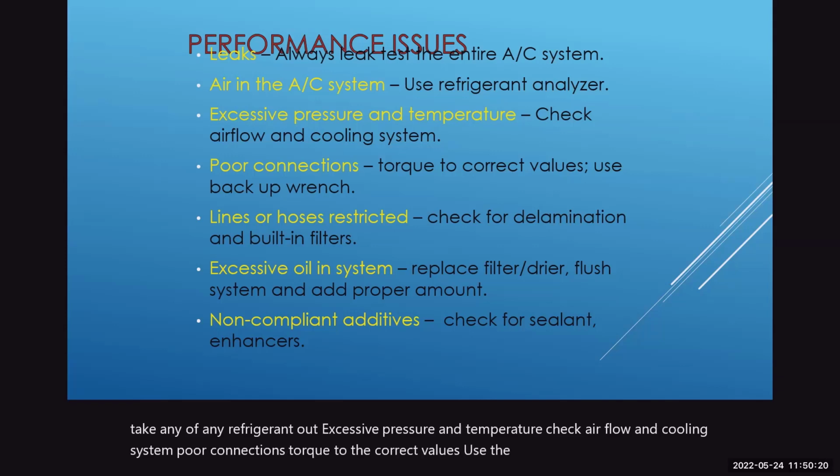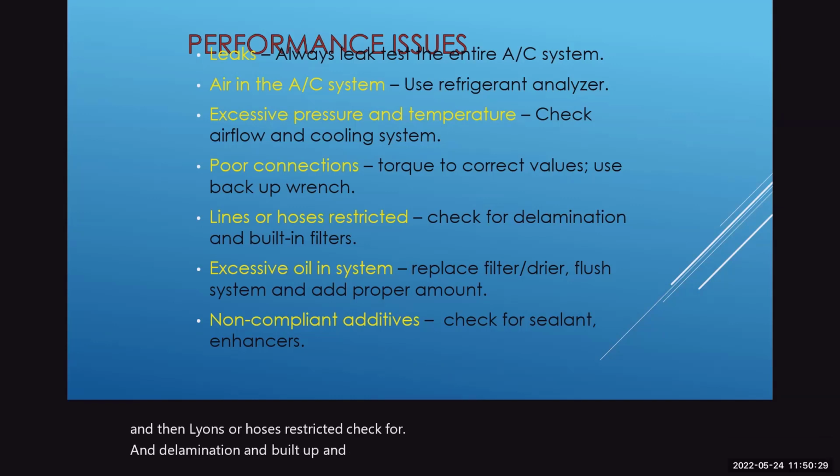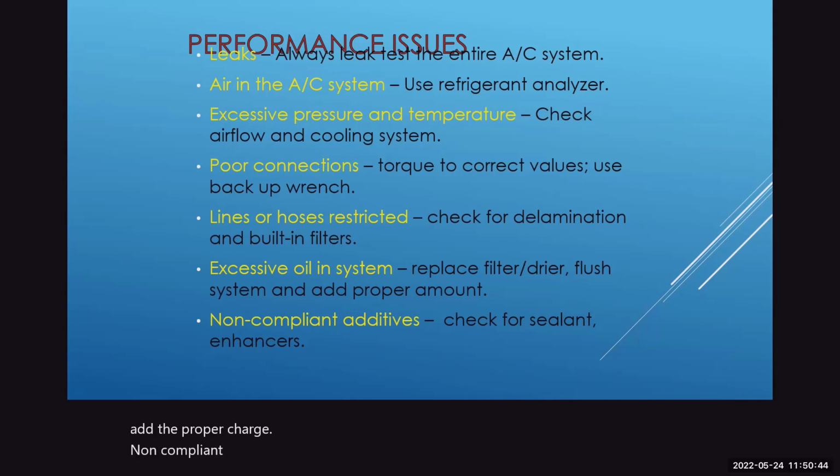Lines or hoses restricted: check for delamination and buildup in filters. Excessive oil in the system: replace the filter and dryer, flush the system out, and add the proper charge. Non-compliant additives: check for sealants, and there's a sealant tester you can use, and any kind of enhancers that you may want to put in there also.